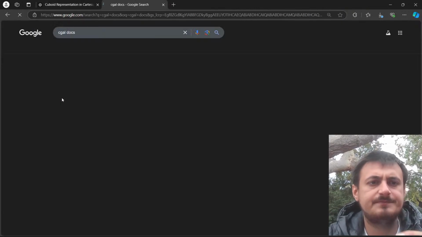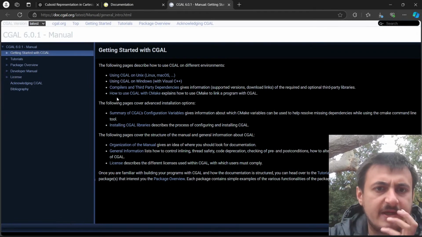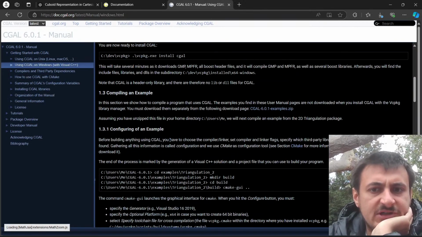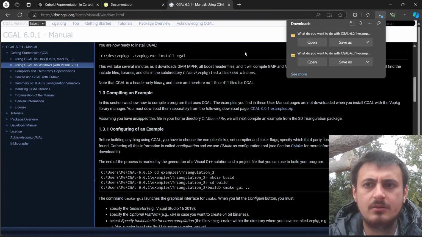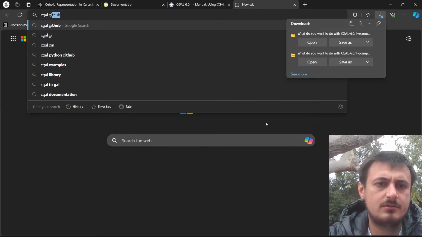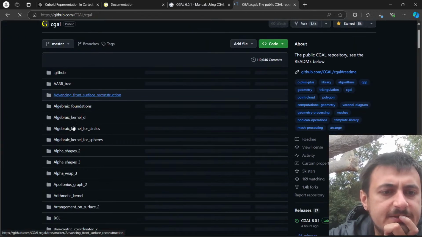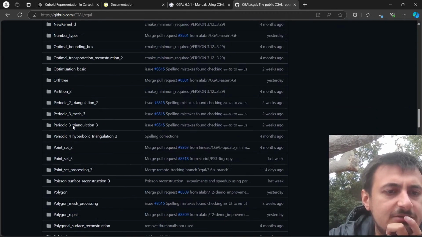CGAL docs. Okay, Windows. Okay, so yeah, we want to go to the repo. Wait, that's so annoying. I don't actually want to unzip that right now. Dude, what the hell?